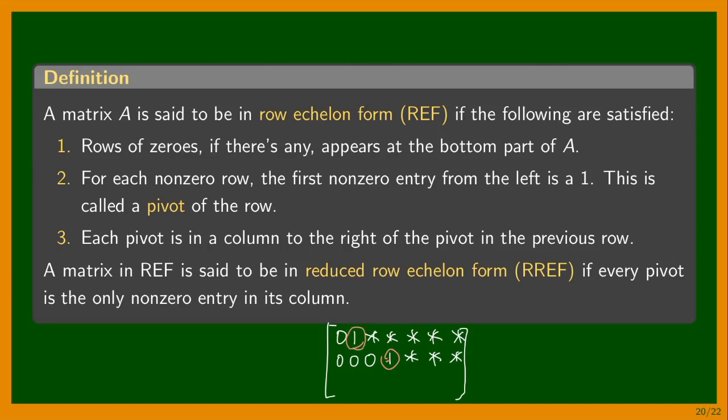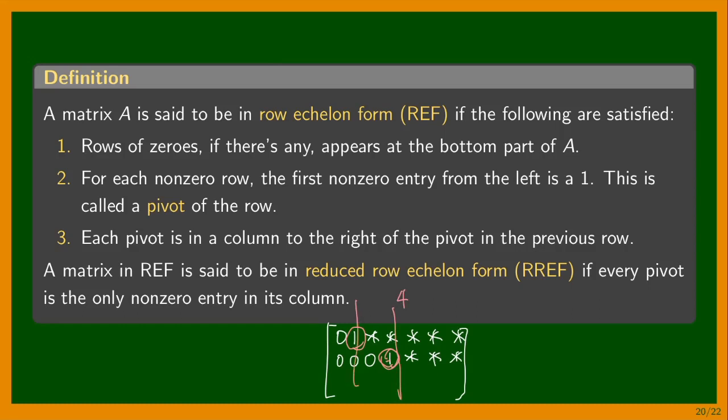Now, let's look at this pivot. The pivot on the second, and the fourth column. The pivot on the fourth column must be to the right. Each pivot, for example, itong 1, is in a column, fourth column, to the right of the pivot in the previous row.